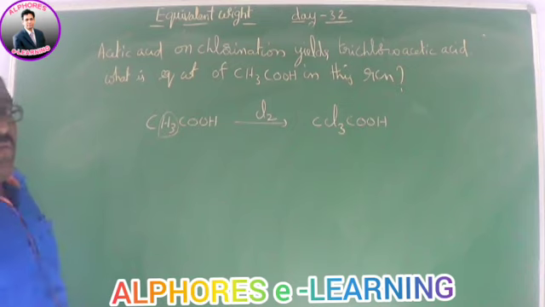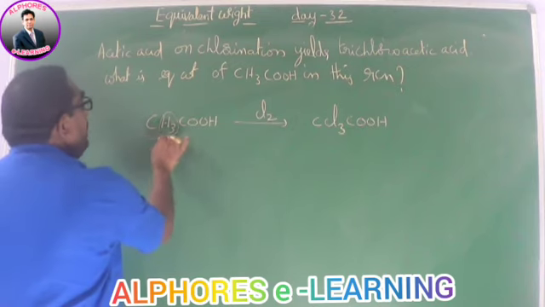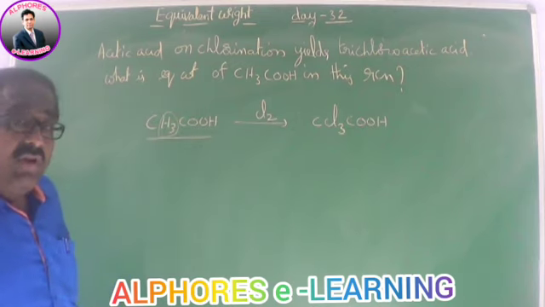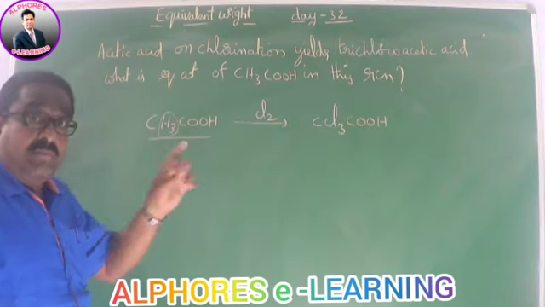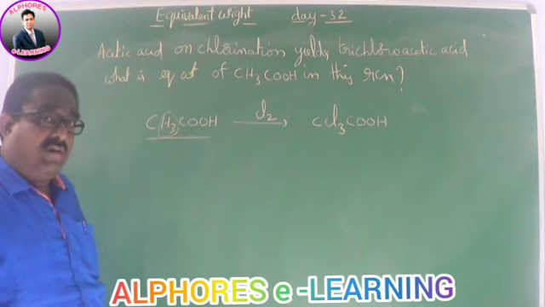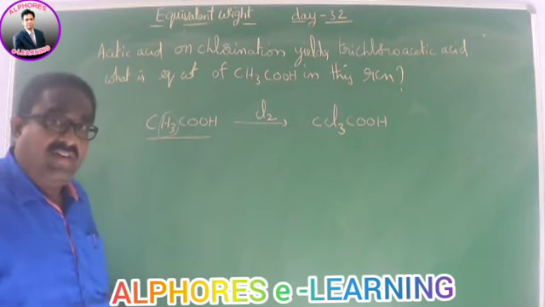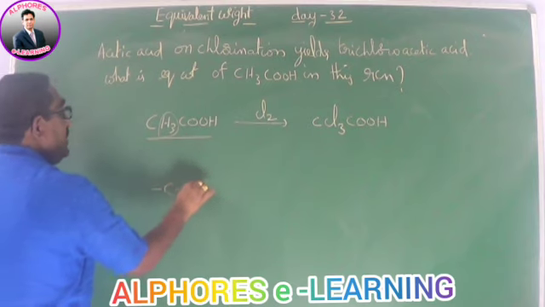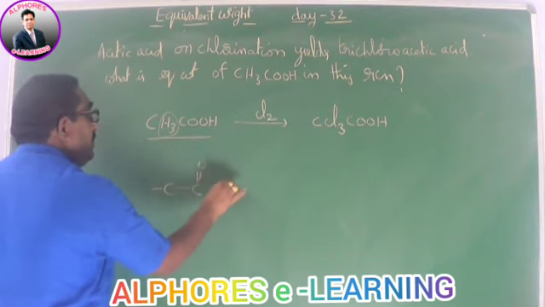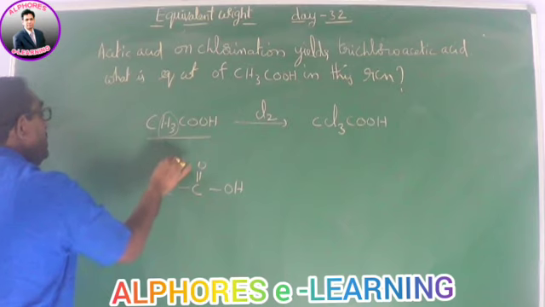See, while explaining oxidation numbers for individual atoms, I have explained this example in the previous session under the heading of oxidation numbers. I will remind you once again. See, 2 carbons. This is bonding here.